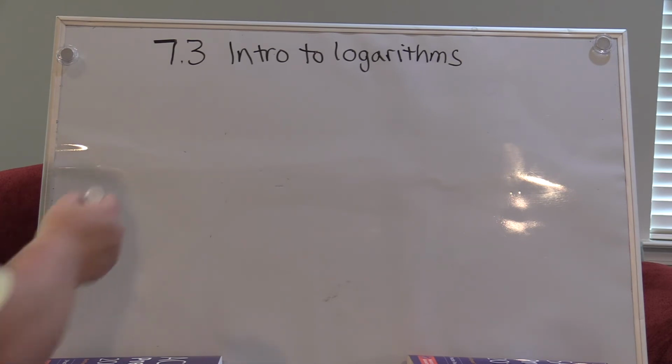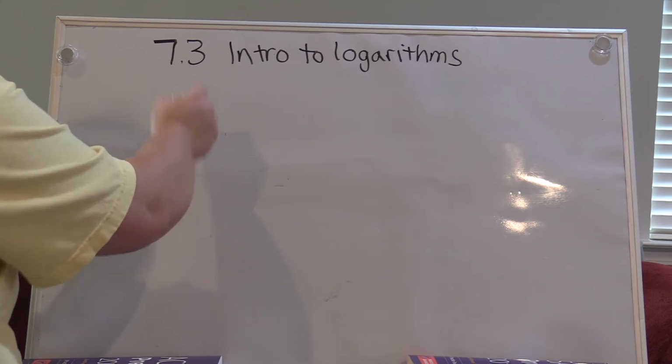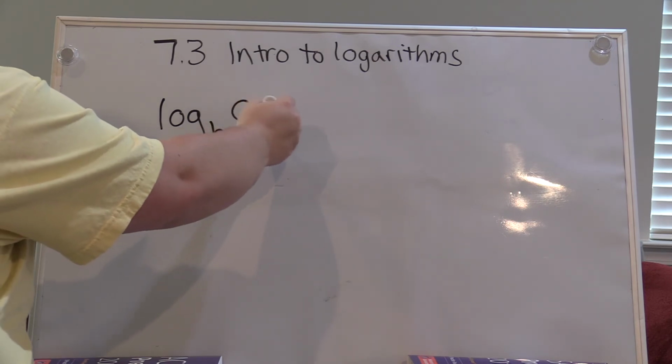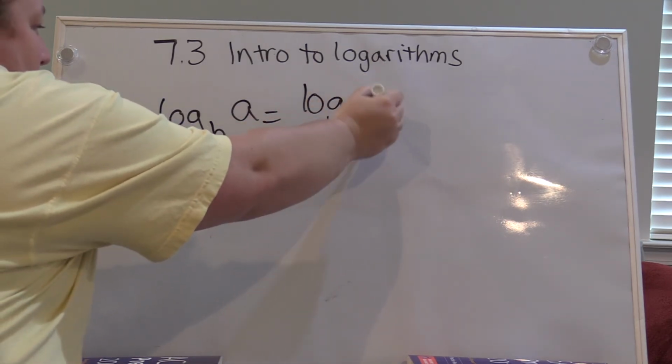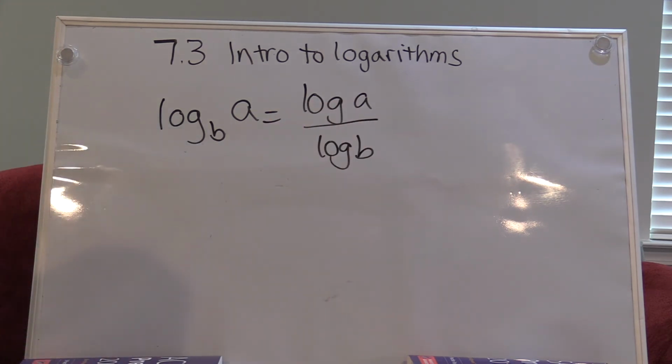So for example, if I have log base b of a, I get log a over log b. Notice I don't put a base there, so it's a base of 10, and I can use my calculator to evaluate those. We're going to do 3 examples just like this so that I can show you how to use this in your calculator.